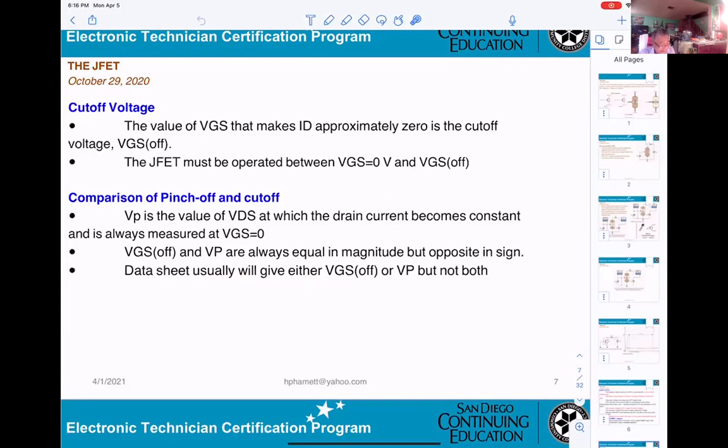If I say VGS off equal minus 8 volt, then you must understand VP equal plus 8 volt. Okay? They are opposite, but the value must be equal. So on the data sheet, they give you only one, not both. So basically that combines everything. You must read it 100 times. When they ask you, you can know right away.